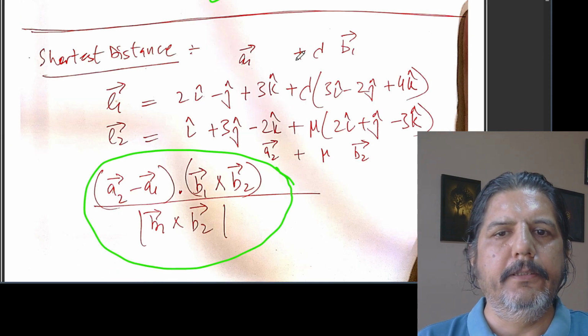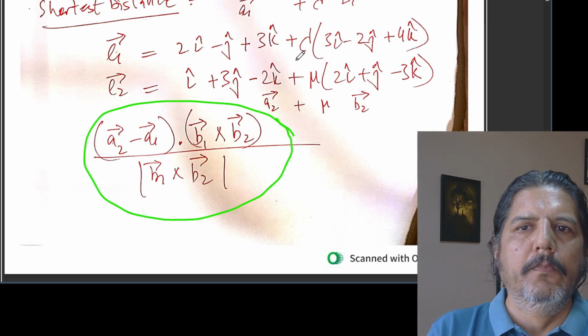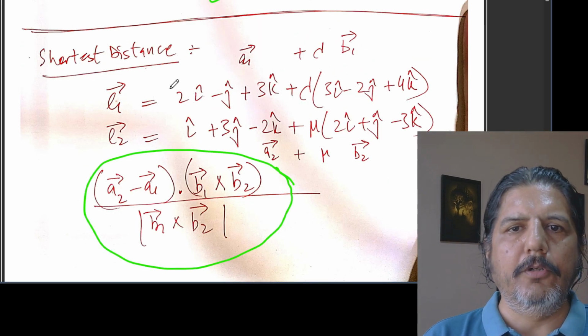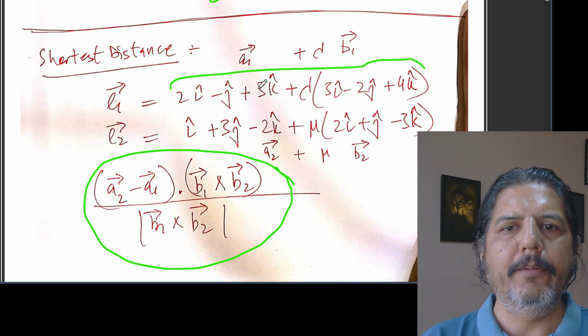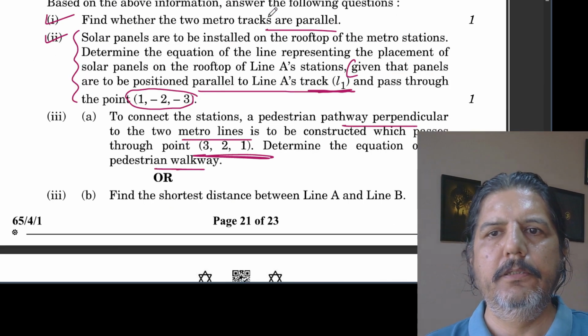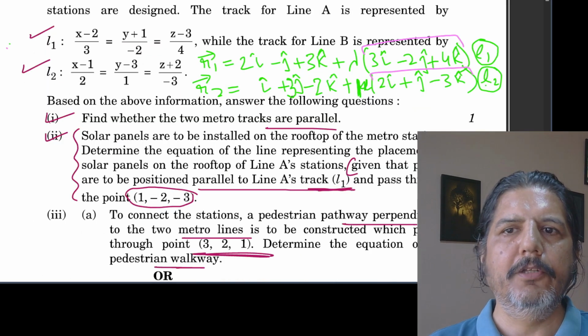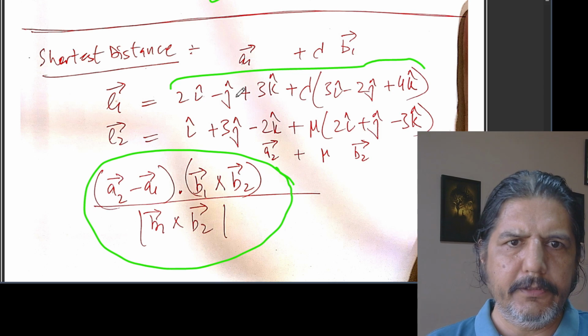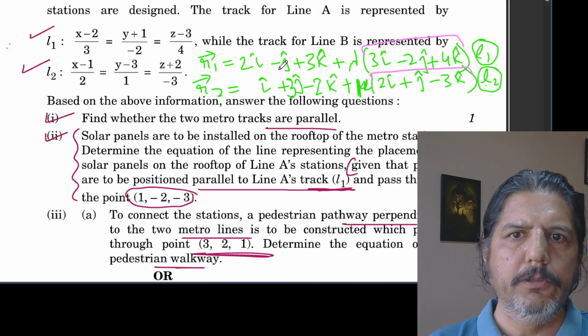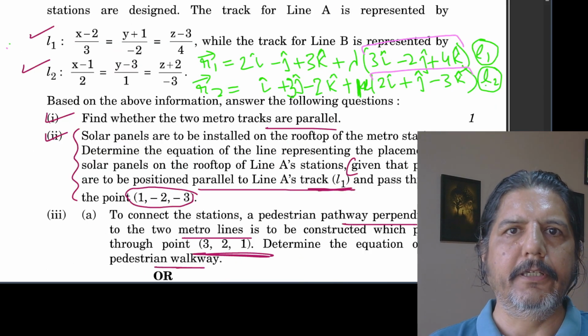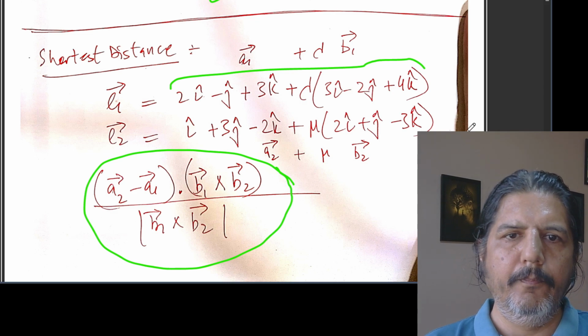So let's find it. This is the vector notation of my line A, 2i - j + 3k + lambda(3i - 2j + 4k). This is the first line, (3, -2, 4), and (2, 1, -3) is my second line.